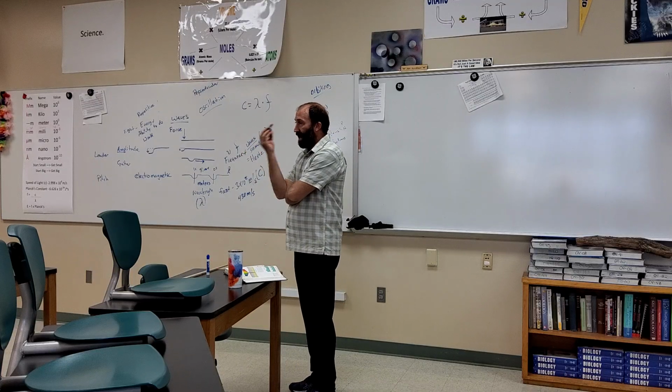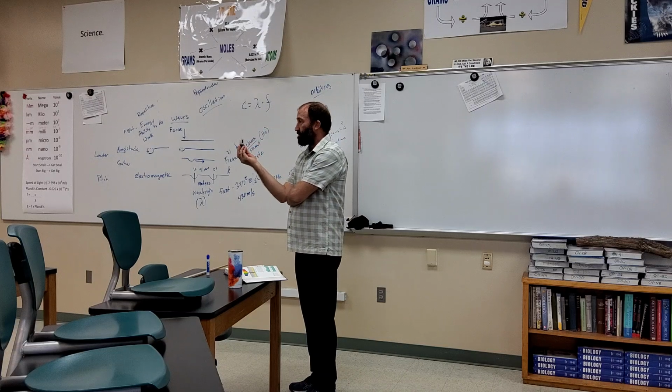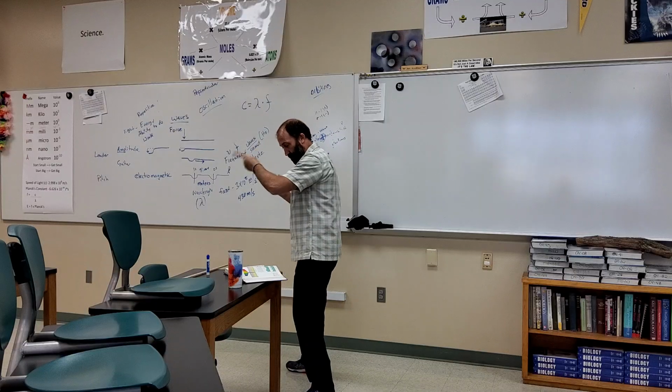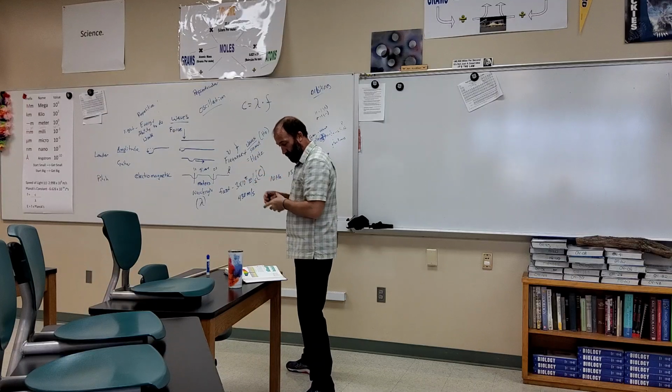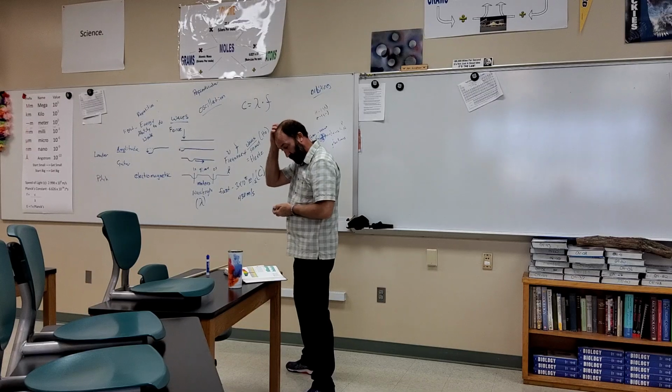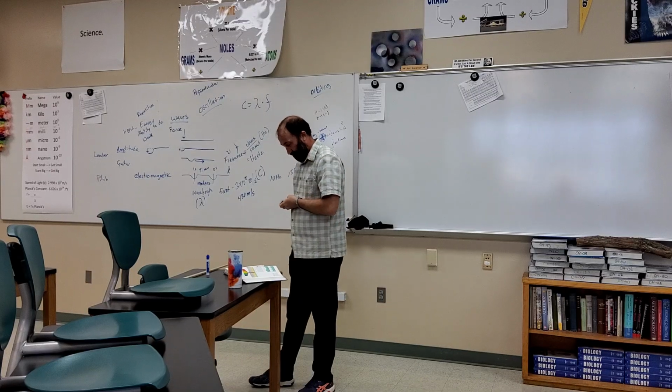So when we shine light on this, we don't necessarily have to shine visible light on it. We can shine lots of different kinds of light on it and get a different effect. And so what kind of an effect did they see? The mystery of the photoelectric effect is its dependence on the frequency of the light striking the metal.